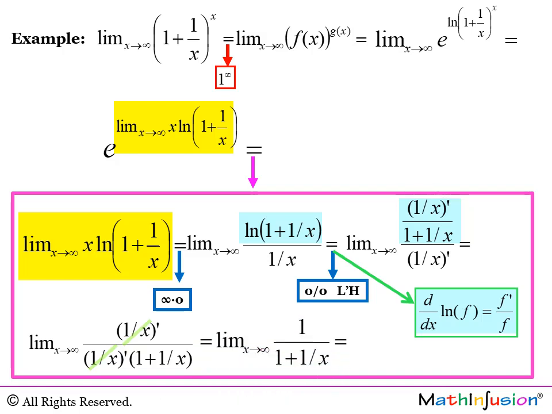The limit when x approaches infinity of 1 plus 1 over x is 1 because 1 over x approaches 0 when x approaches infinity. And I get that. Now don't forget that this is only the limit which is the exponent of the e. The limit of what we are looking for, which means the limit of (1 plus 1 over x) to the power of x when x approaches infinity, is e to the power of 1, which is e.